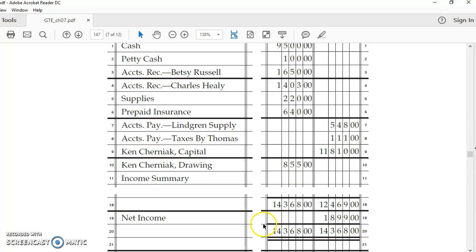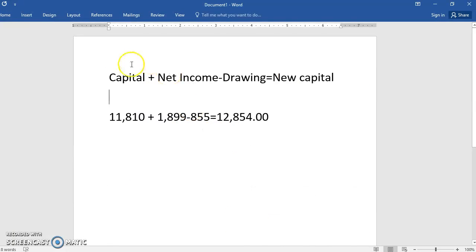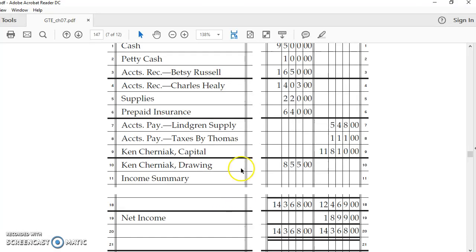So let me go through this again. You're going to take your capital, $11,810, plus your net income, $1,899, minus your drawing, $855. Capital, $11,810, plus net income, $1,899, minus drawing, $855.